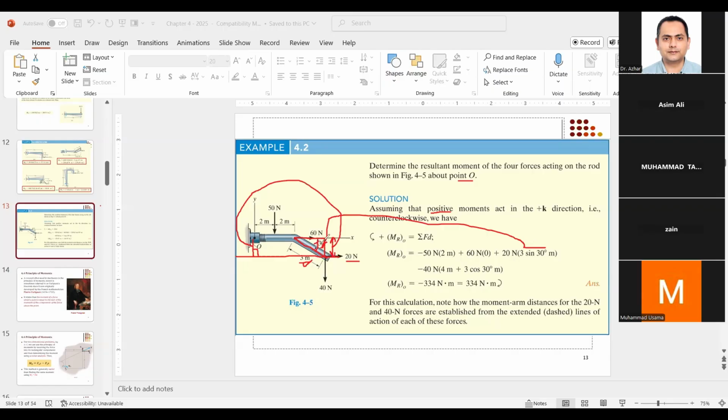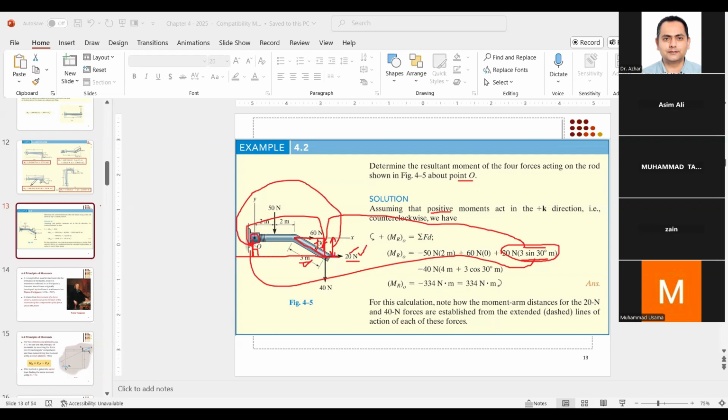So the vertical distance or perpendicular is 3 sine of 30 degree, and that perpendicular distance is the same as the moment arm which we need. So we will simply multiply this 20 with its moment arm. So 20 into 3 sine of 30 is the moment produced by this 20 about point O.